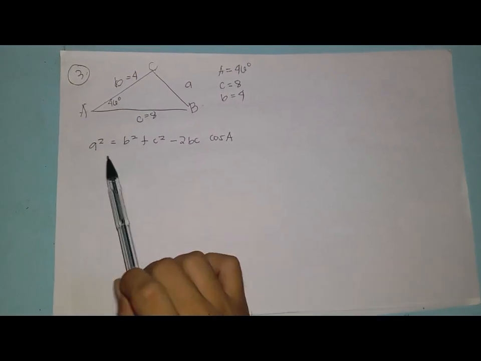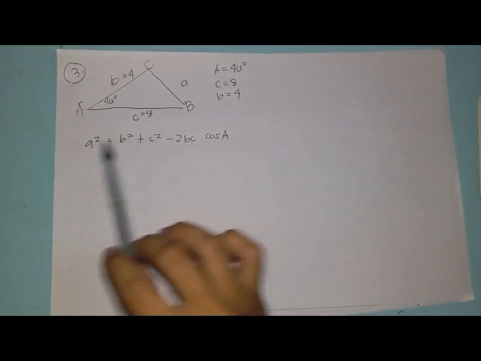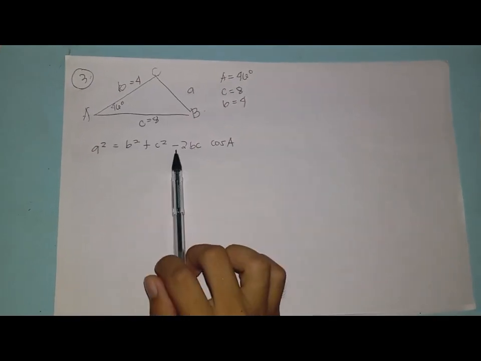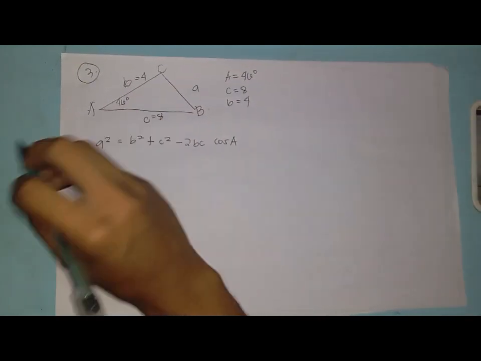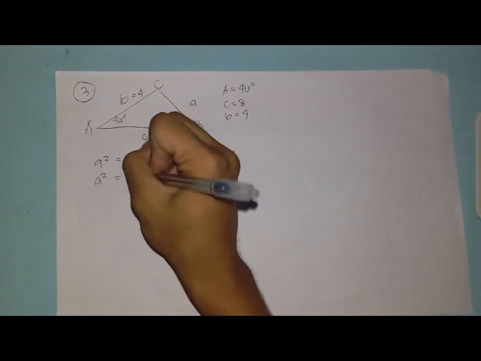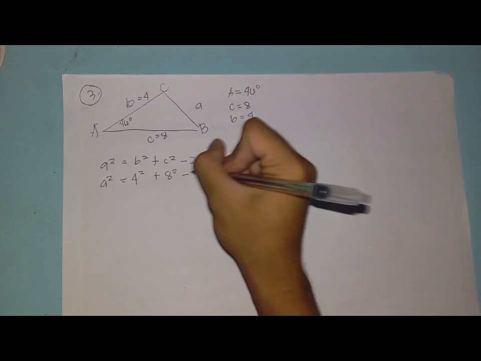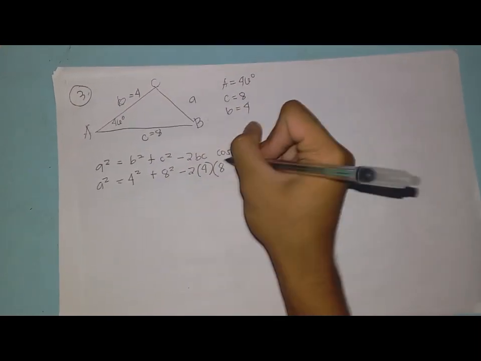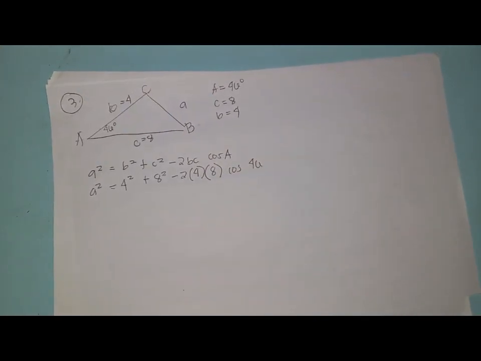So I am going first to find the side A. So we have A squared is equal to B squared plus C squared minus 2bc cosine A. So A squared is equal to 4 squared plus 8 squared minus 2 times B, which is 4, and C is 8, cosine 46.